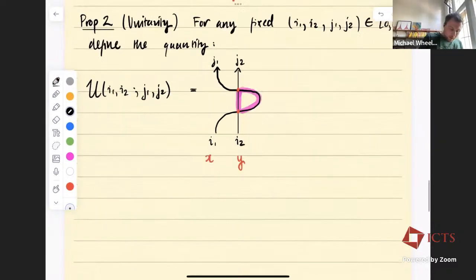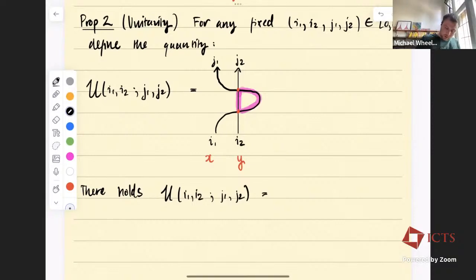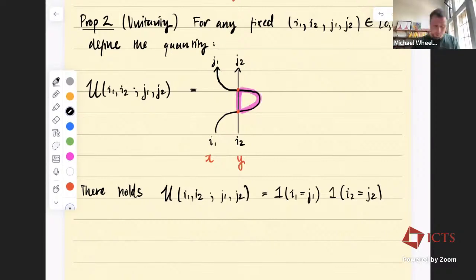Then the following holds: U of I1, I2, J1, J2 is equal to a product of indicator functions. It imposes that I1 needs to be equal to J1 and I2 needs to be equal to J2. If both of those properties are satisfied, this object is equal to 1, and if one of them fails, the object is equal to 0.